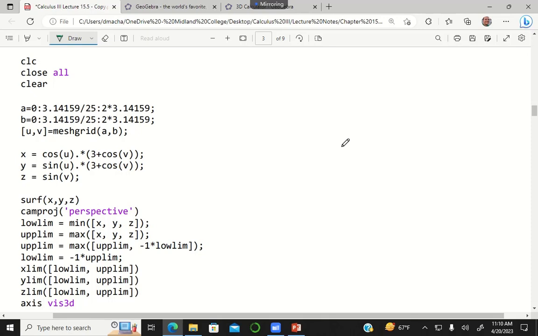Then these 3 lines here with the a, b, and u, comma, v, this is how you tell MATLAB to generate a little square of fabric. So what this is saying is lowercase a can take on all of the values between 0 and 2 pi.